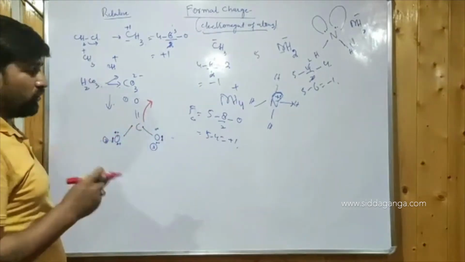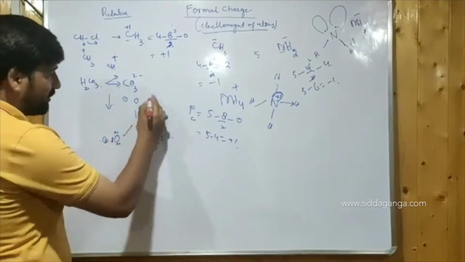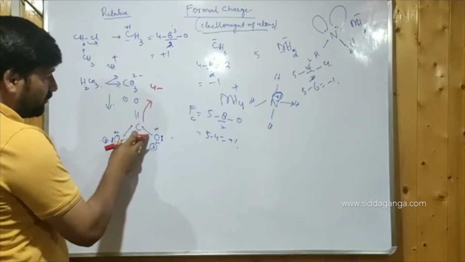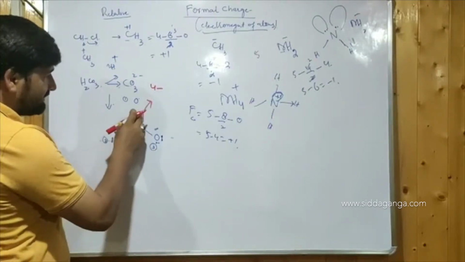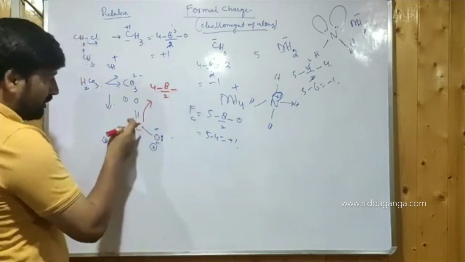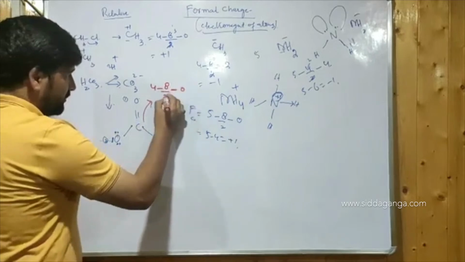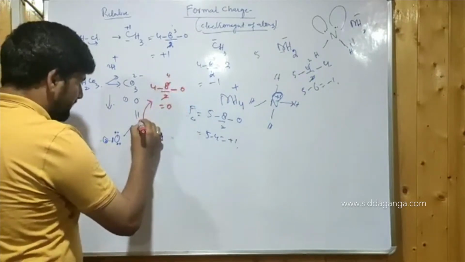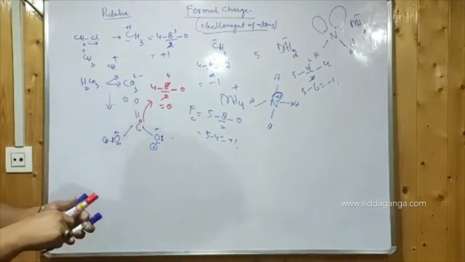Obviously your answer will be no. So the number of valence electrons is 4 minus. What is the number of shared electrons? 1, 2, 3, 4, 5, 6, 7, 8. So 8 divided by 2 minus. How many unshared electrons? 0. So that makes it 4. 4 minus 4 makes it 0. So what is the charge on carbon? 0.